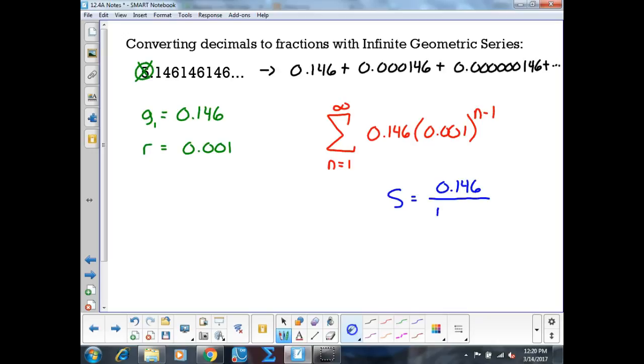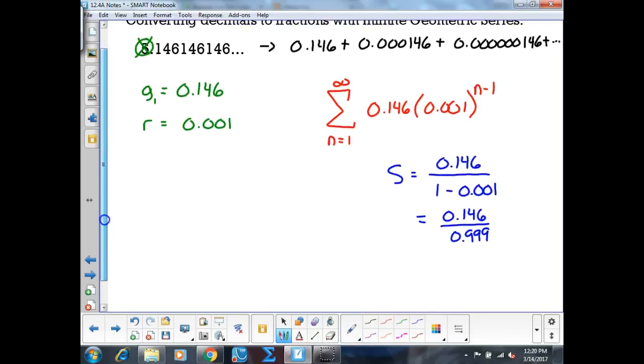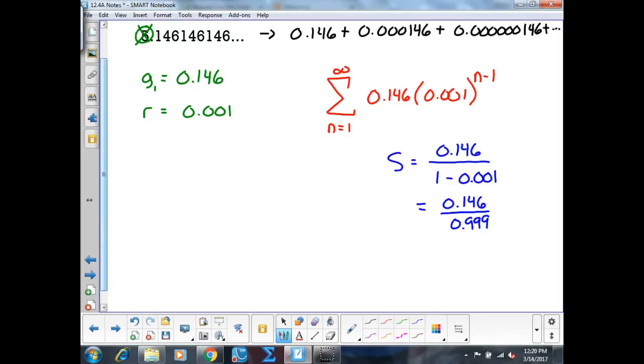over, right, which is, so what's that fraction?